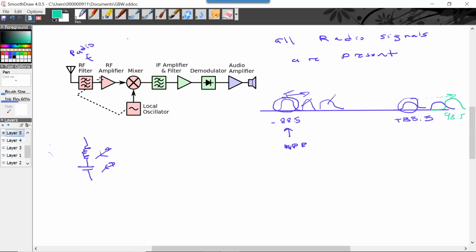Now the signal comes out pretty small, and so you need an RF amplifier to make it bigger. So now we do a rough bandpass filter. We amplify it, so we still have our original carrier frequency. We don't have the others. We've gotten rid of everything else.